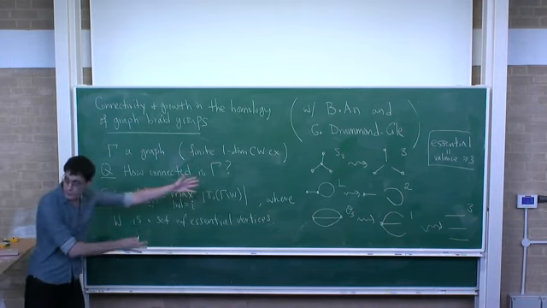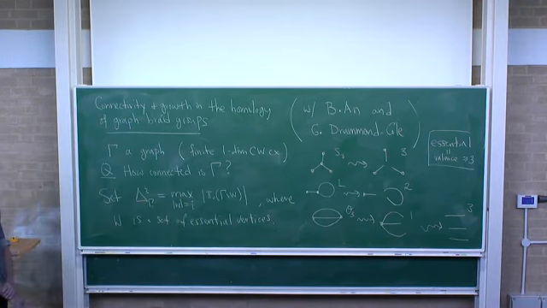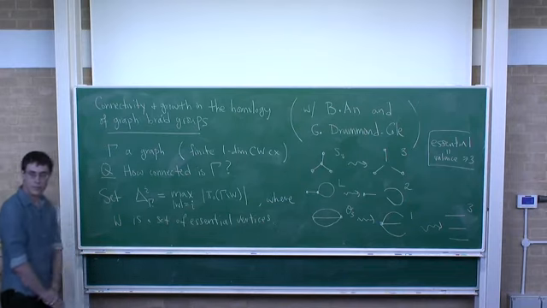And so we get some sequence of numbers associated to a graph, which in some way are one answer to this question of how connected the graph is.